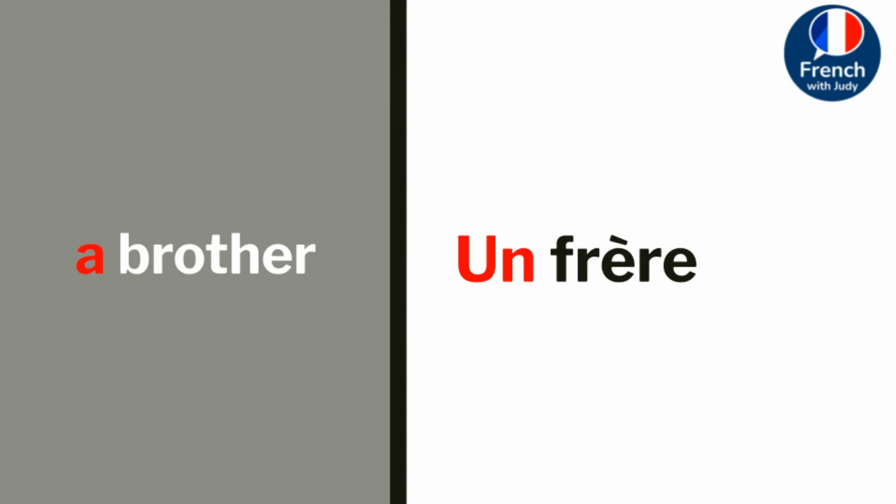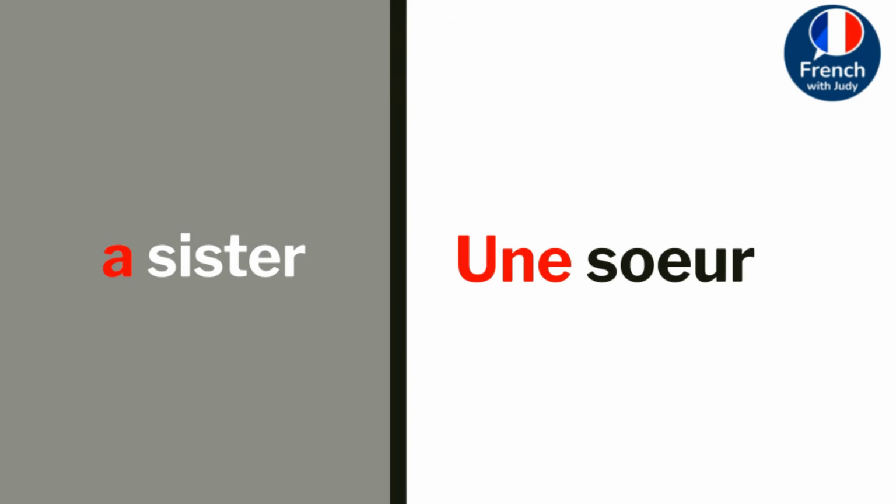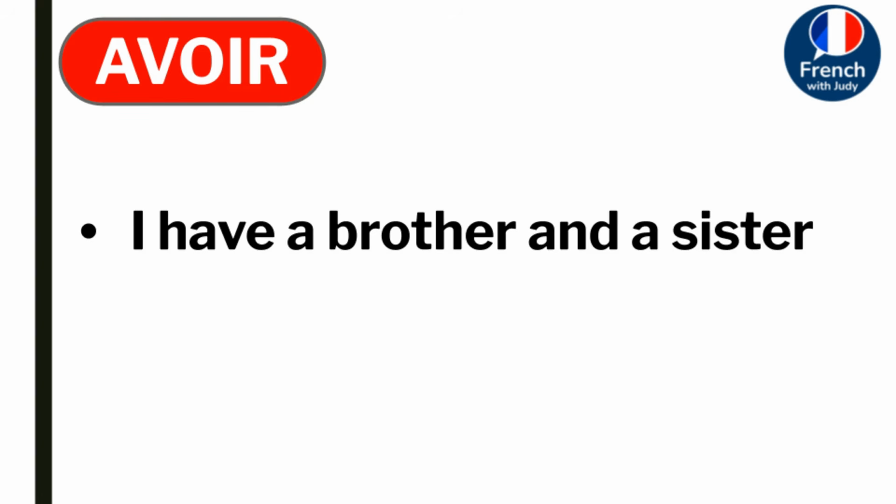A brother in French is Un frère. A sister, Une sœur. How do we say, I have a brother and a sister?